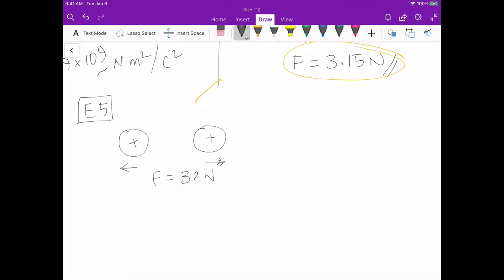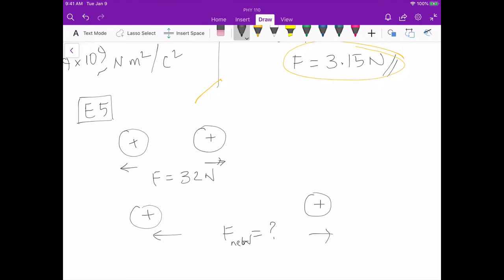Then it asks what the magnitude of the force will be if the distance between the 2 particles is increased to twice the original distance. Now the separation between them has increased twice. Then the new force, I'm going to call it new, how much?